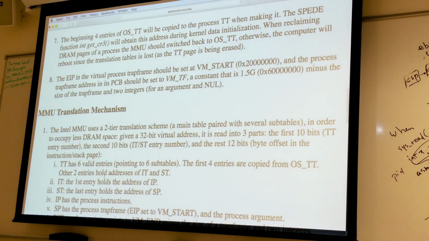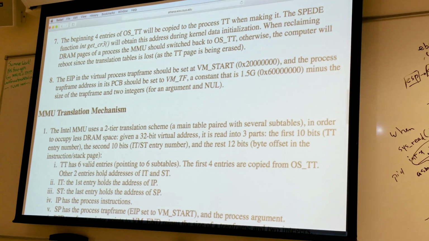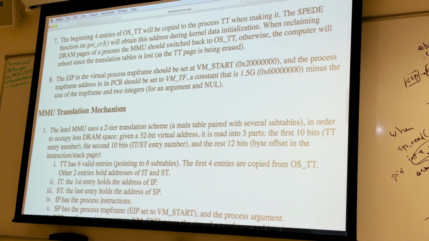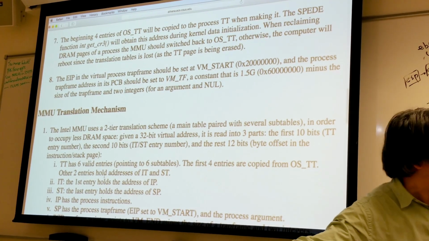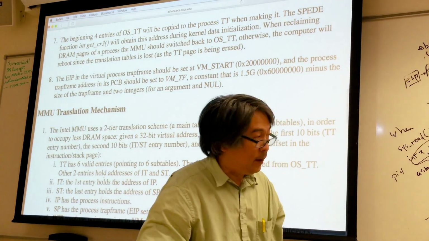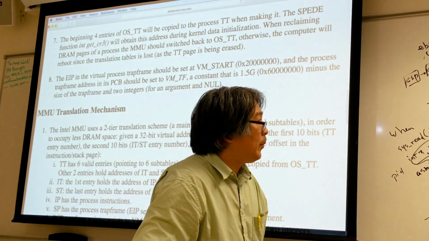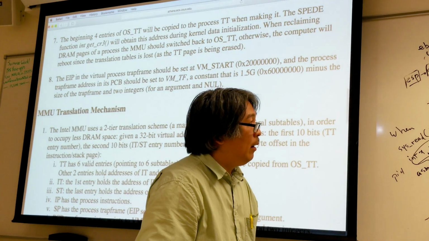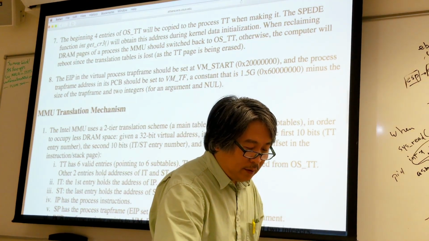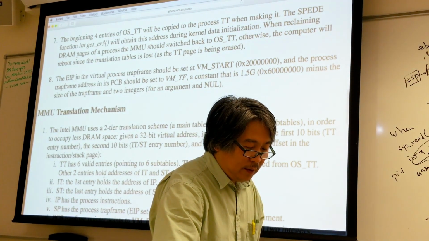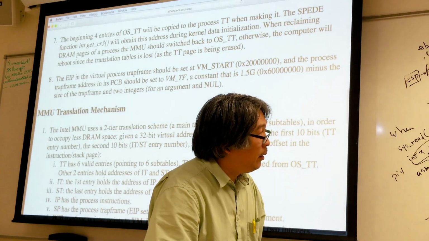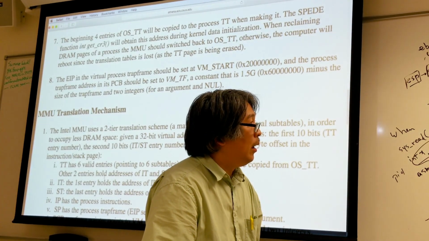So for the trap frame for the VM, the pound define for it, you're saying that we can take the end of the VM, wherever it ends, and add 1 to it, and then subtract the size of the trap frame and get the same thing effectively.